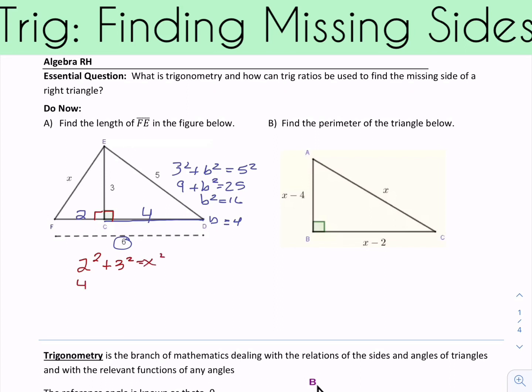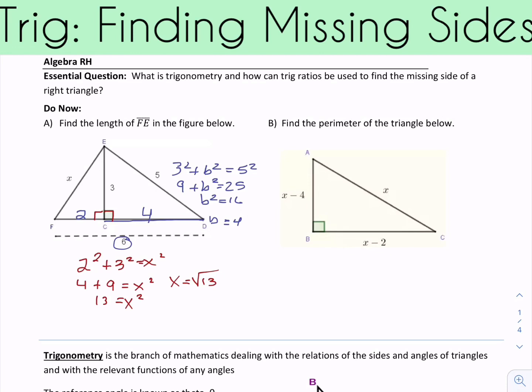And we're going to get 4 plus 9 is equal to x squared. 9 plus 4 is 13. And so that makes x equal to the square root of 13. So the square root of 13 is the length of x in the first one.